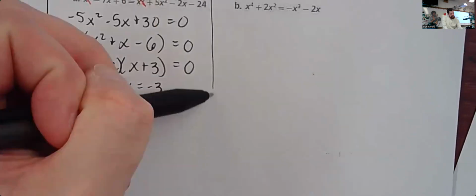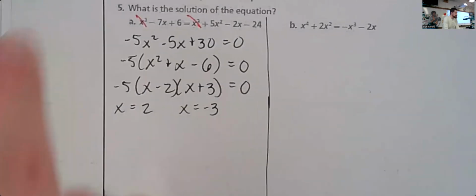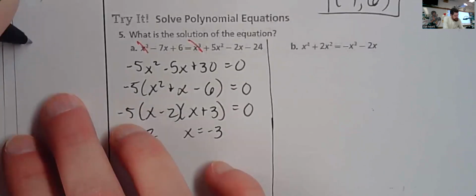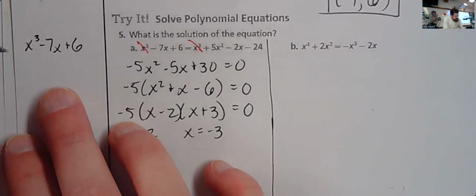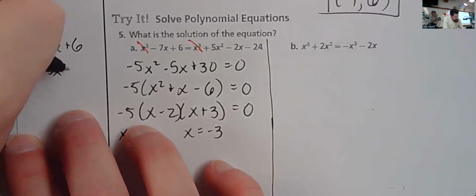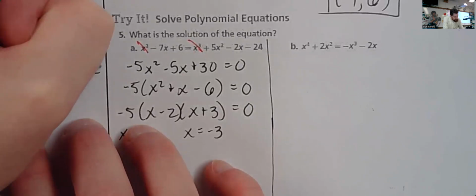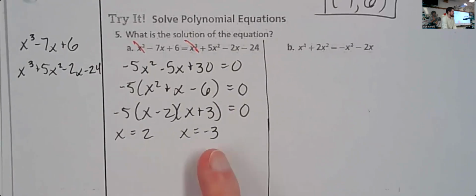So I'm just going to go ahead and draw a line over here so we can separate these problems. And over here, I'm going to write these 2 functions separately. So we're going to get x cubed minus 7x plus 6, and we're going to have x cubed plus 5x squared minus 2x minus 24, because we need to evaluate both of those for x equals 2 and x equals -3.